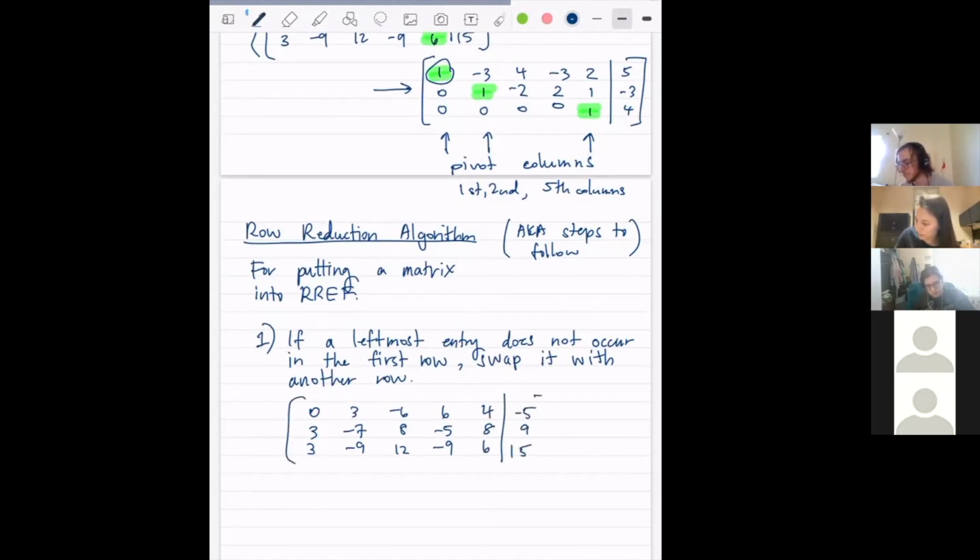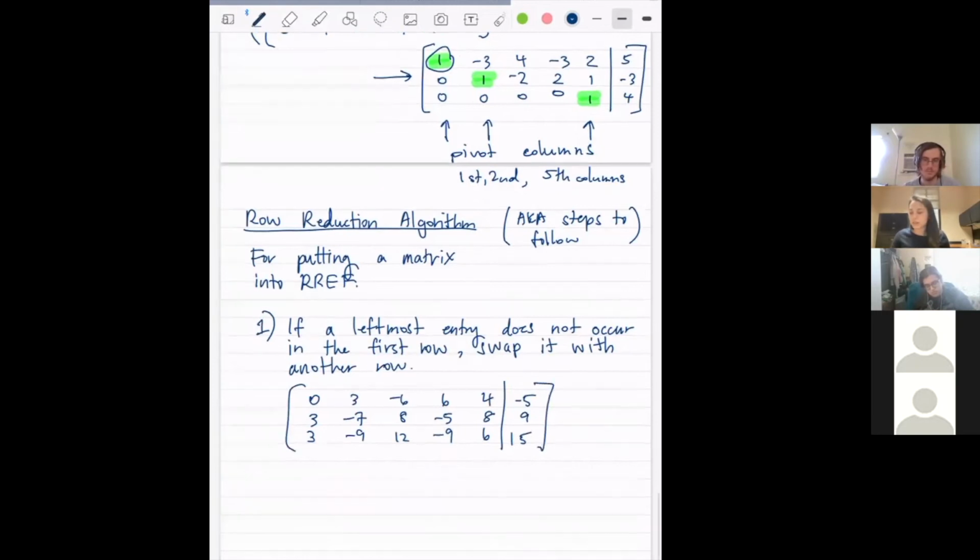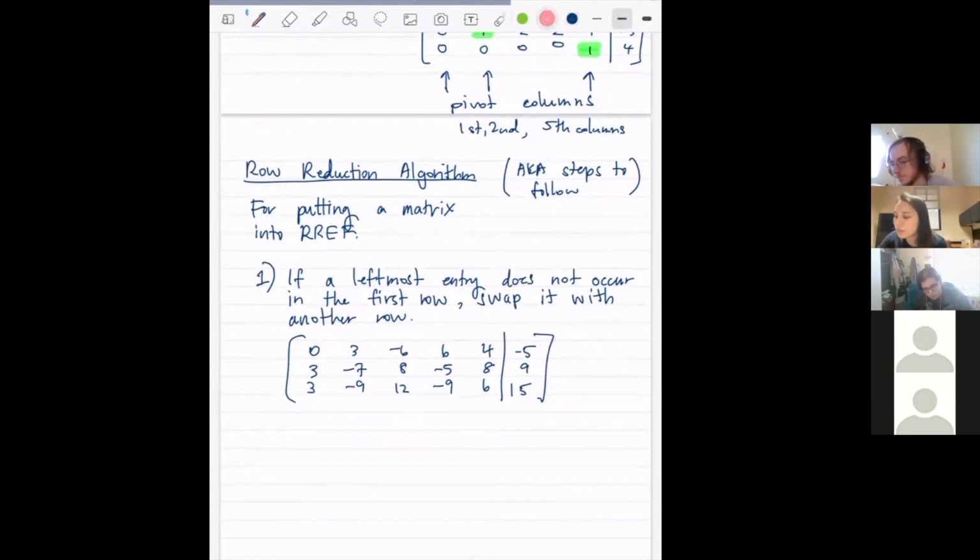Okay. So looking at this matrix, you can see that the leftmost entry would be here or here. You could use either one, right? So both of those are farthest to the left. In the first row, we have a 0 in that position, in that column.